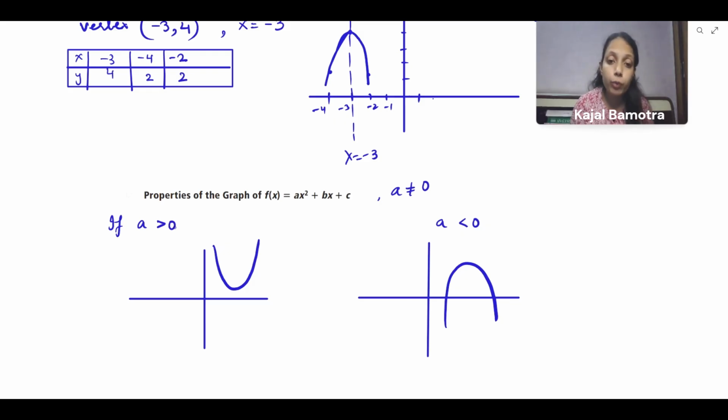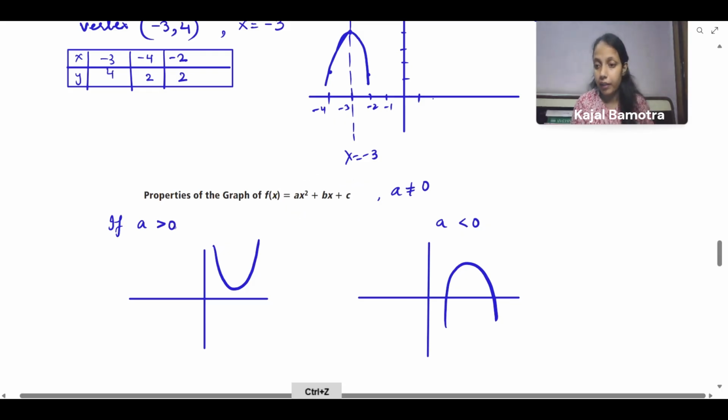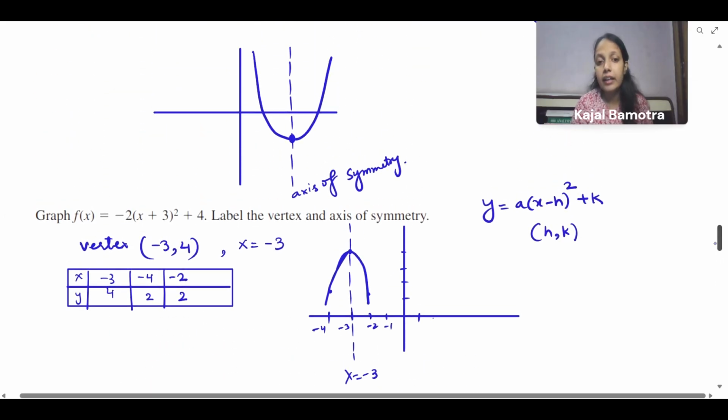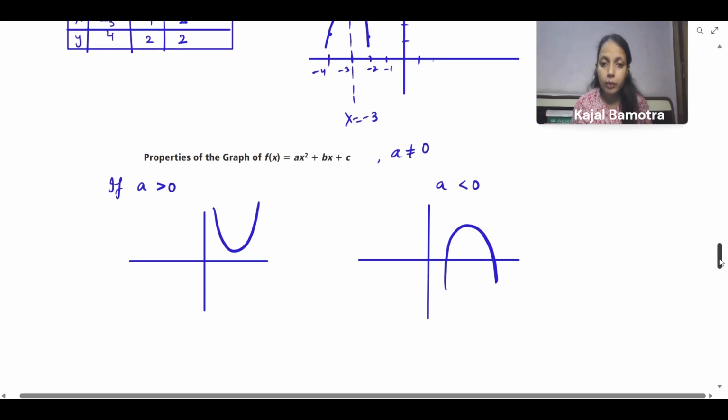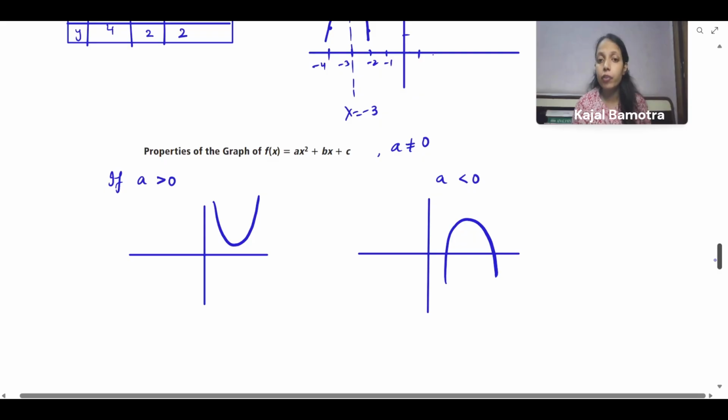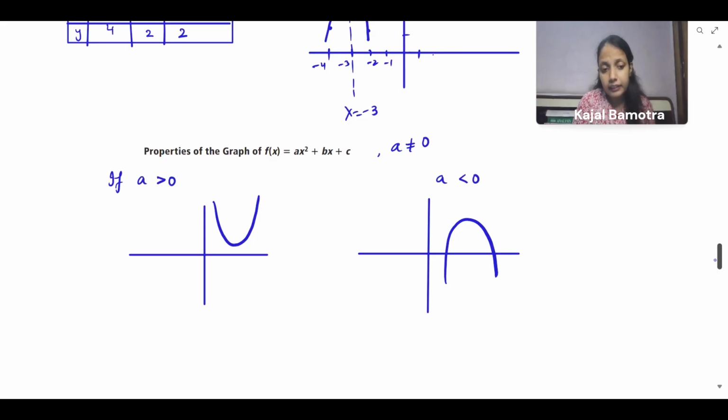And how do we find the vertex in this case? Here the equation was in the vertex form. Here it's not a vertex form, it is the general standard form of a quadratic equation. So in this case, (h, k) is the vertex, and h equals minus b over 2a, and k equals the function value at minus b over 2a.